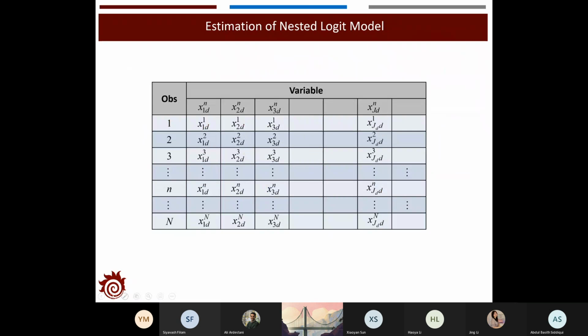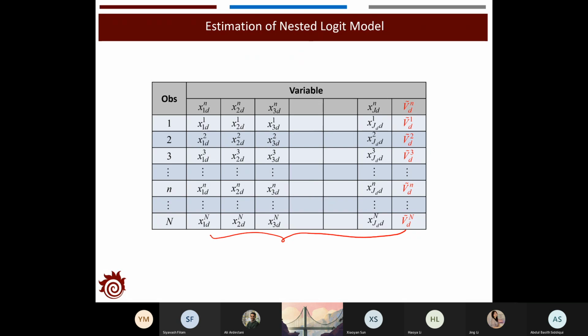So basically, in step 3, you're going to try to summarize all the variables related to the destination d, x1, x2, x3, up to xjd, and add an additional log sum term, Vd tilde, to build a linear equation to calculate the deterministic component.